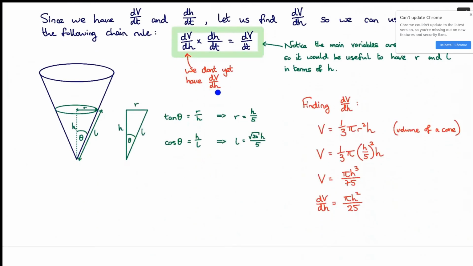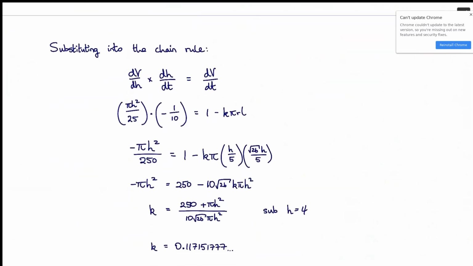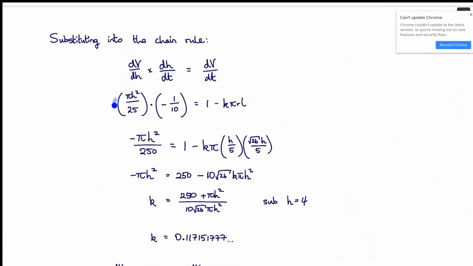I don't have dV/dh at the moment, but we do know the volume of a cone is 1/3 pi r squared h. And since I've found an expression for r in terms of h, I've plugged that in here. That gives me a new formula for the volume, which I've then differentiated to give dV/dh. Since I've now got dV/dh and expressions for dh/dt and dV/dt, I'm going to plug those in.